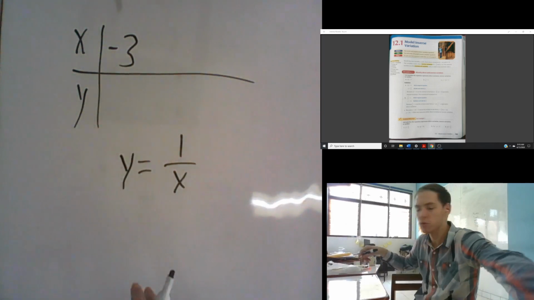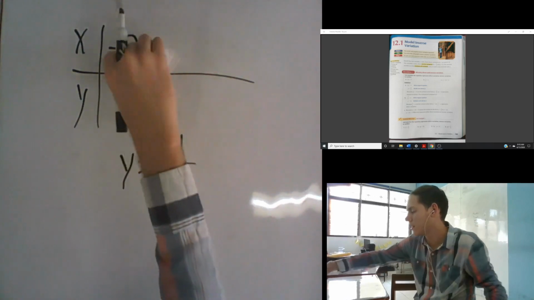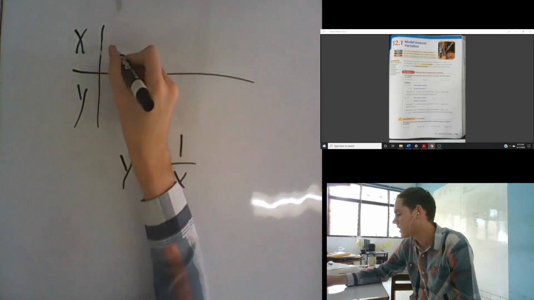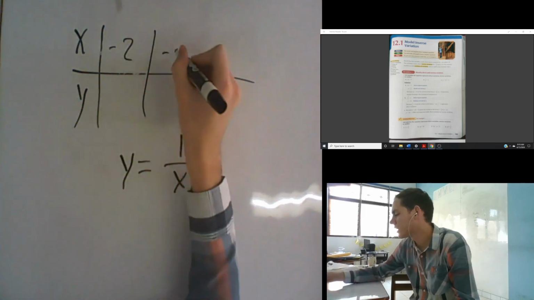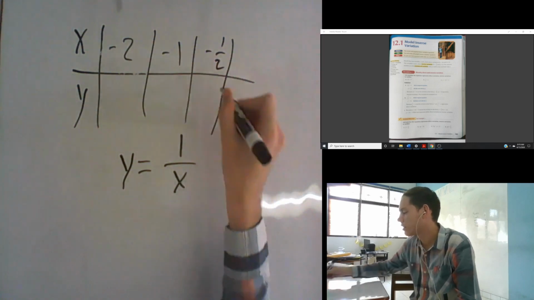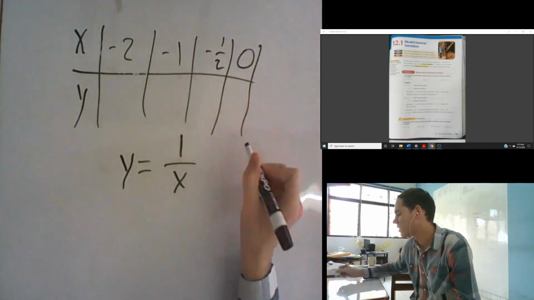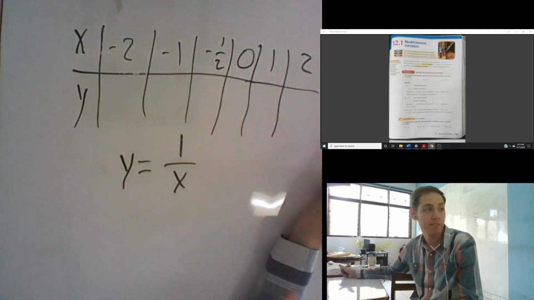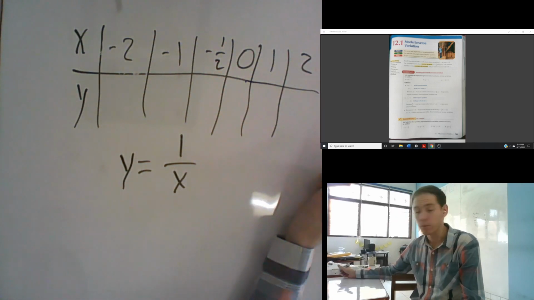No, we'll do negative 2. Negative 2, negative 1, 1/2, 0, 1, and then 2. There's a reason why I'm doing this. Okay. We might need to move it.